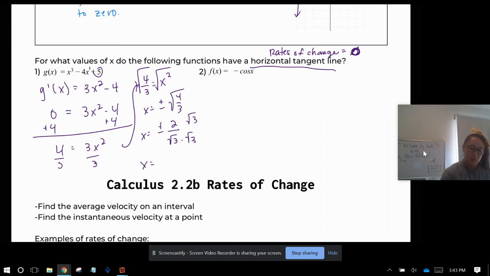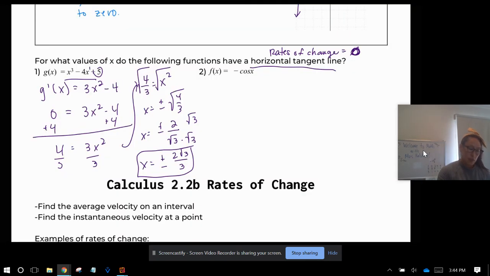So x is equal to plus or minus 2 root 3 over 3. Well, that's a number we like. Okay. All right, so that means that on this graph, we will have a minimum or a maximum value when x equals plus or minus 2 root 3 over 3.